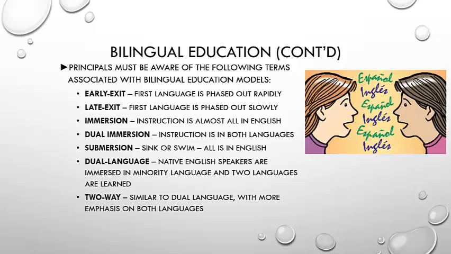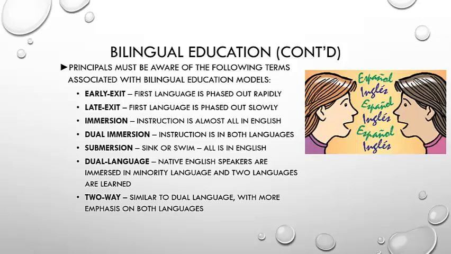This is a program where you take your second language learner, your English language learners, your ELs. They're taught their first language some, they're given some support, but it's quickly phased out. This is done by the end of first or second grade, and they're stuck primarily learning English at that point.